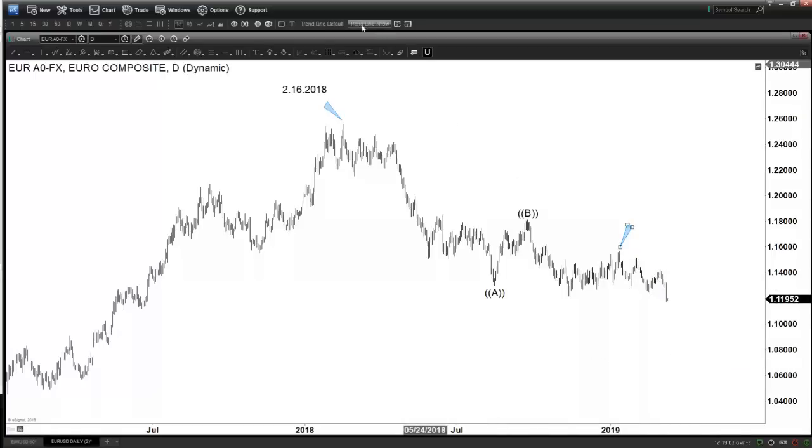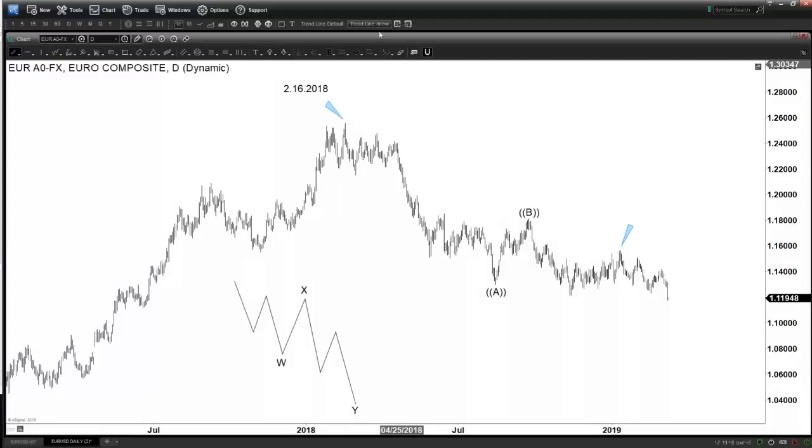It's either a corrective structure like this, a double zigzag. The C leg doesn't necessarily have to be impulsive, it can be a diagonal, keep in mind. So this move here could be a WXY. A double zigzag by definition is a WXY, in which this is a zigzag and this is another zigzag.